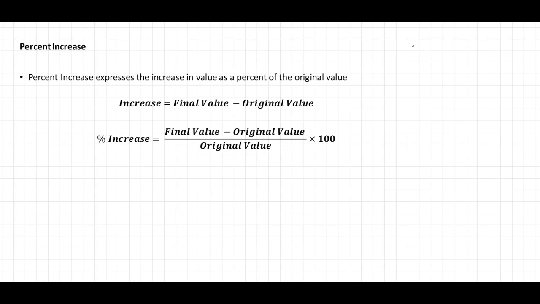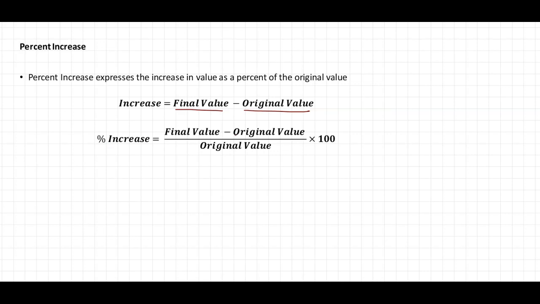So the percent increase expresses the increase in value as a percent of the original value. So your increase is always going to be your final value minus your original value. Why? Because your final value is always going to be greater than the original value. So look at your increase as a gain.